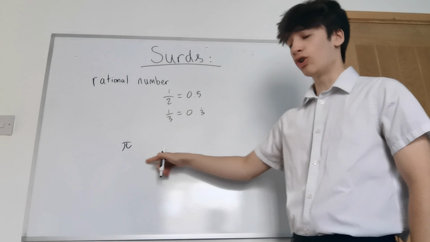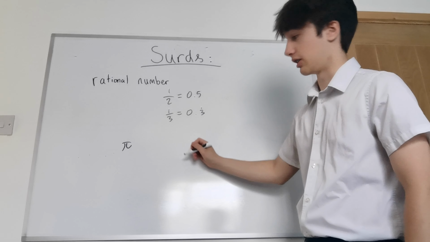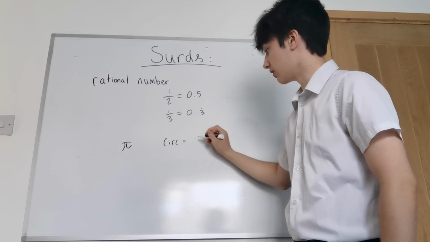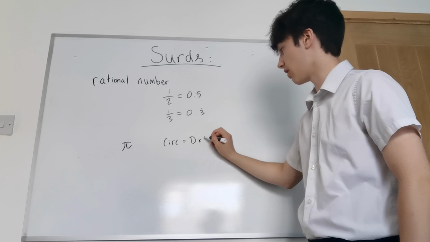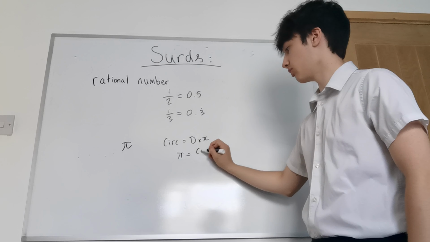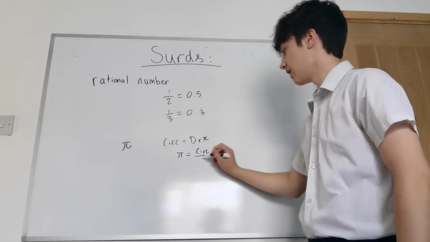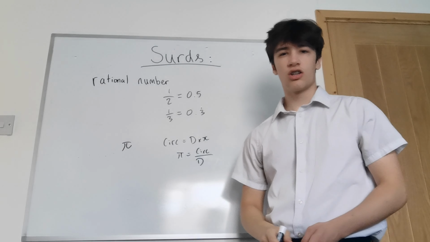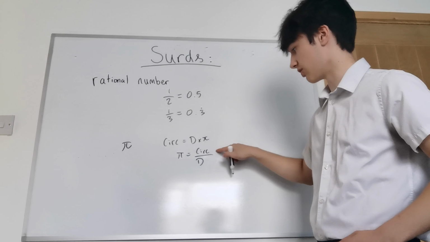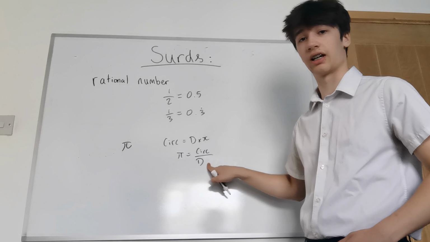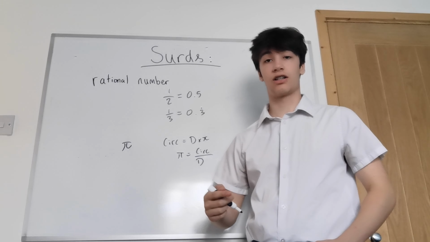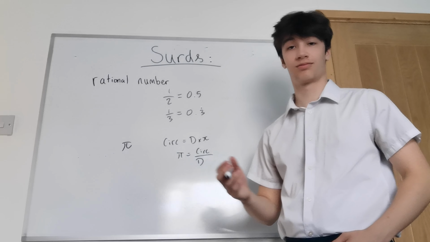You can work out pi using circumference equals diameter times pi. So pi is the ratio between circumference and diameter. If you run a lot of different numbers with the circumference and the diameter, you always get a more accurate version of pi. So it's always changing and it's always getting higher.